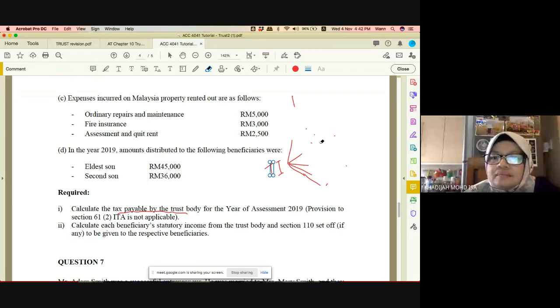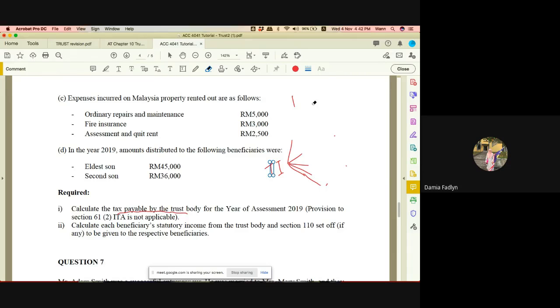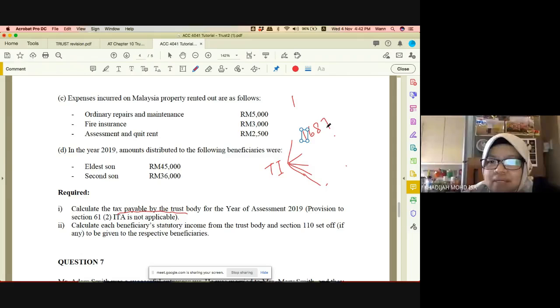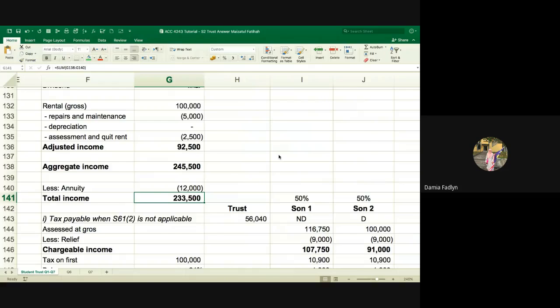Tak ada. Okay, question number 6, total income. 168,700. 168,700. 168,700 lagi. Wah, unanimously. Is it? Ada yang jawab 156,700.